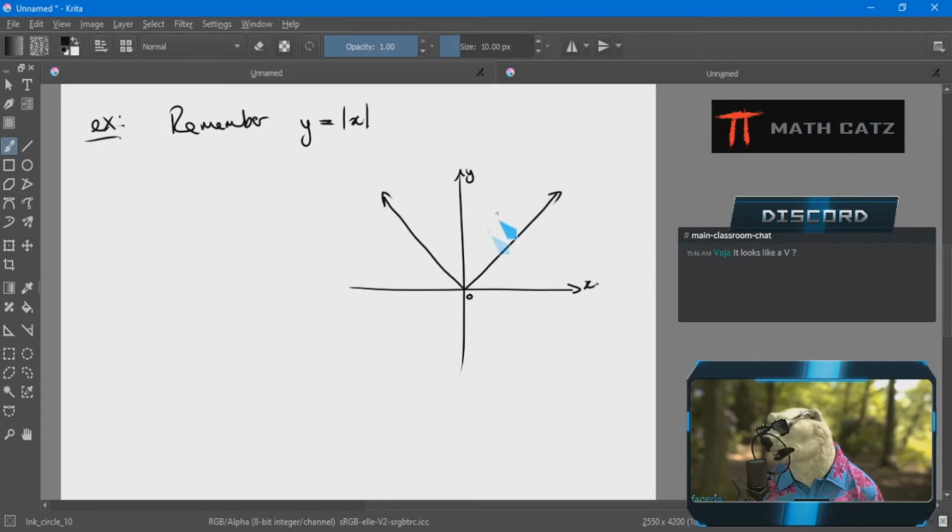It looks like a V with a sharp point here because it's really made up of two graphs. This guy is y equals x, and this guy is y equals negative x. The function is really a piecewise defined function, trying to trick me, making it look as if it's one thing. It's really not. It's two pieces. It behaves like x if x is 0 or positive.